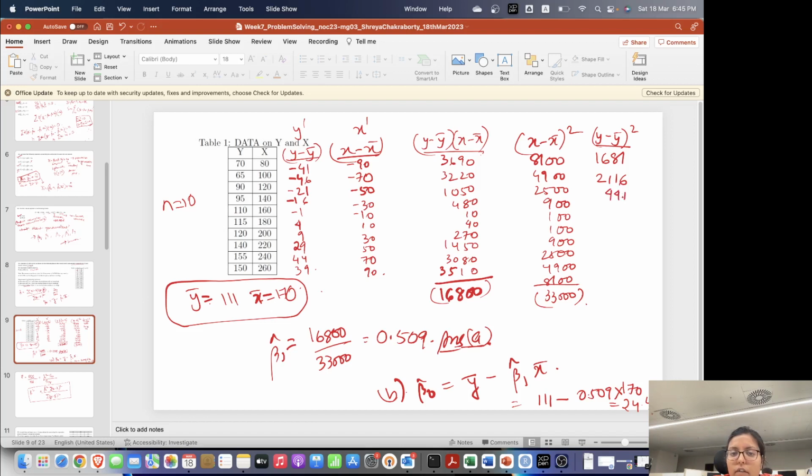Similarly 441, then 16 square, 256, then 1, 4 square 16, 9 square 81, 29 square is 841, then we have 44 square 1936, then we have 39 square 1521.